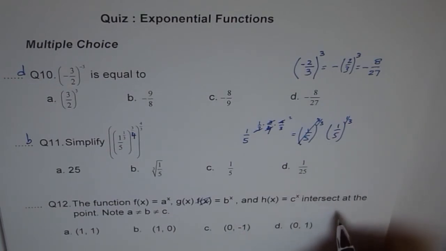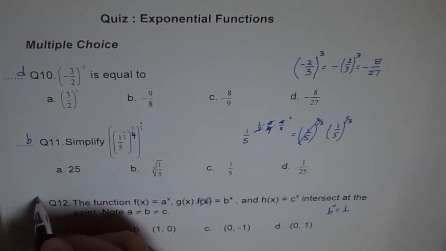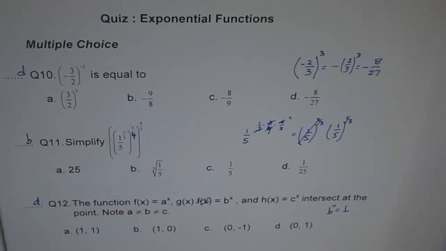You remember, anything to the power of 0 is 1, right? Therefore, if x is 0, then y has to be 1. So D works for us. Anything to the power of 0 is 1, and that's the coordinate. I hope you get them, and let's move on to the next set of questions.